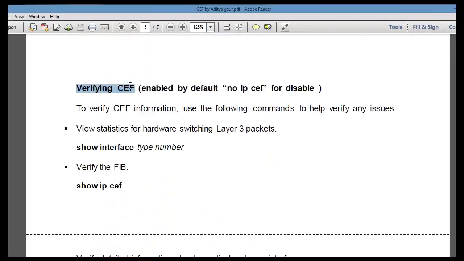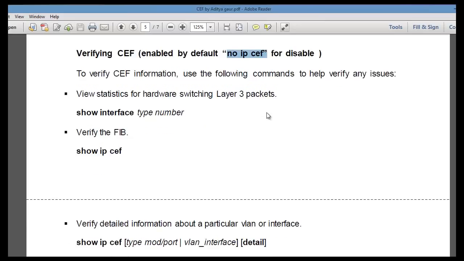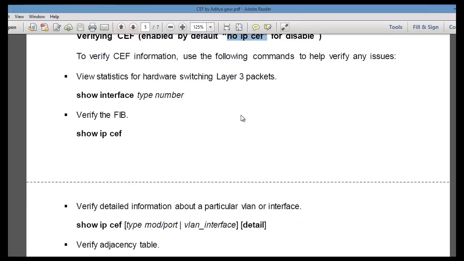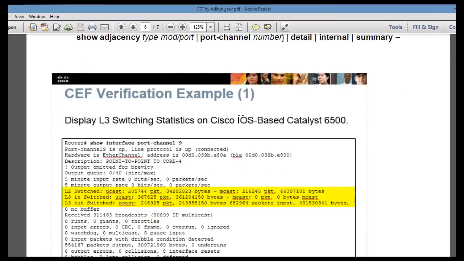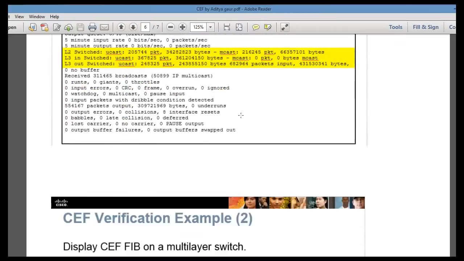Verifying CEF: it is enabled by default. CEF is enabled by default on Cisco devices which have that hardware we are talking about, and you can disable it using the no ip cef global command. Let's use a topology where we can verify the concept and see how we can verify those things.